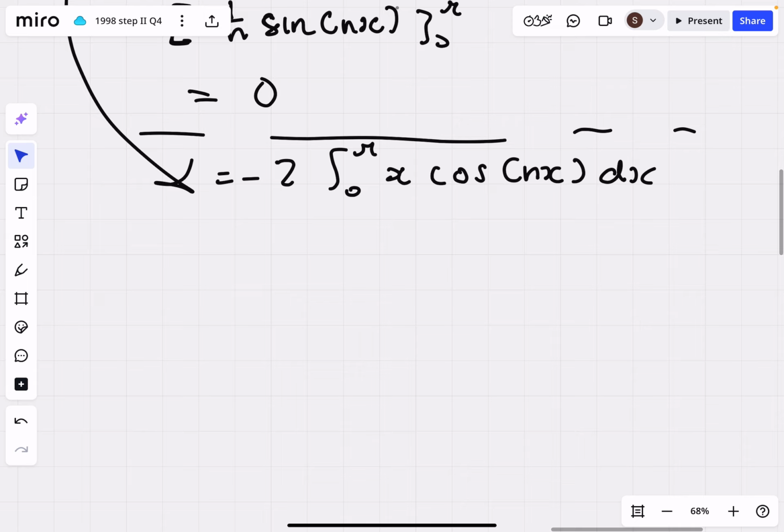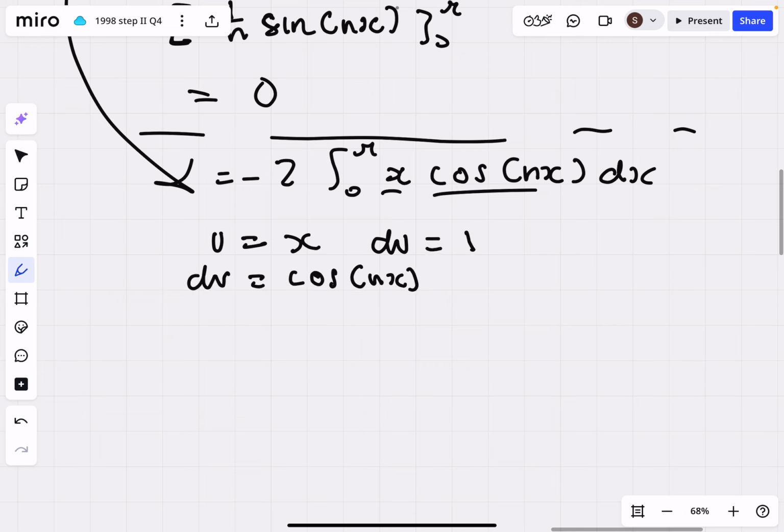So now let's take the limits. Oh no, we can't take the limits. Sorry. We have to do integration by parts, because this integral is the product of two functions. So a smart choice of u would be x, making du 1, and then that means dv is cos nx, and v is 1 over n sine nx.